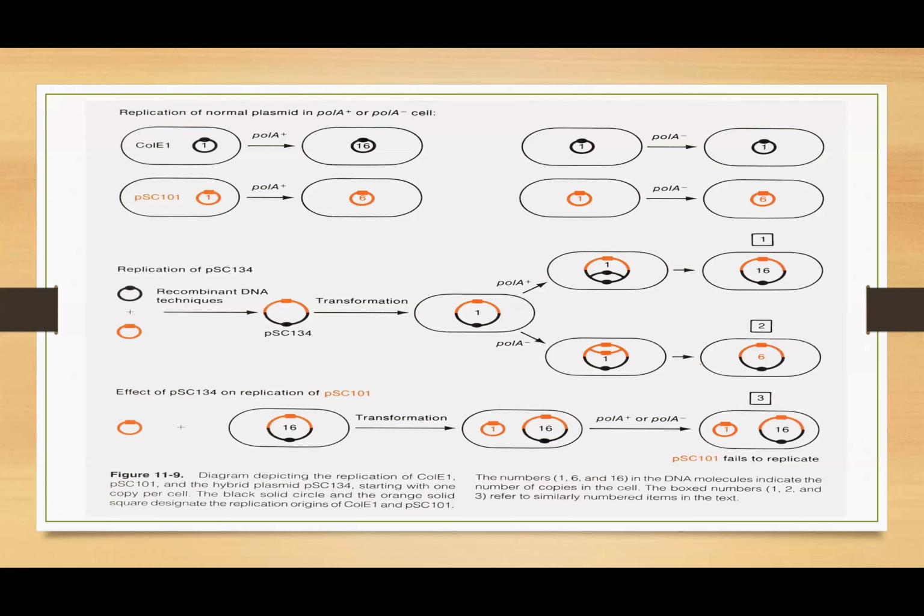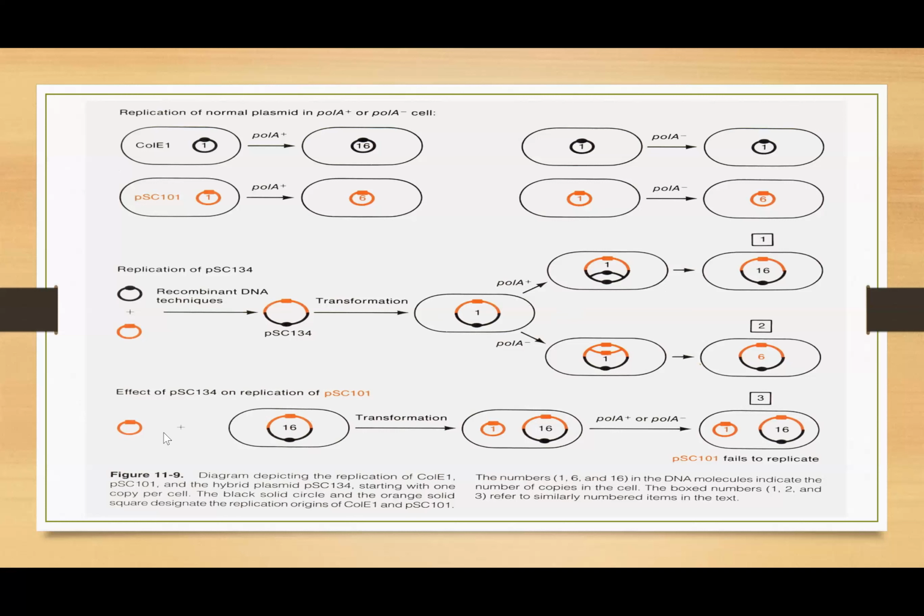This concept of high repressor amount and low repressor amount regulating replication was further tested and confirmed. In this experiment, the same cell has the fused plasmid pSC134, with 16 copies and a very high level of repressor in this cell.